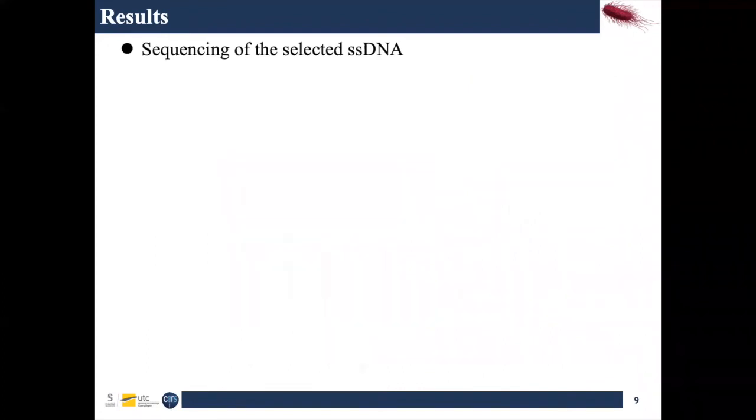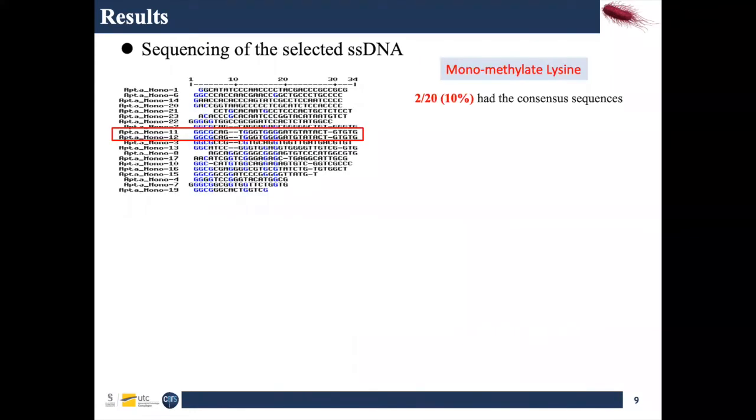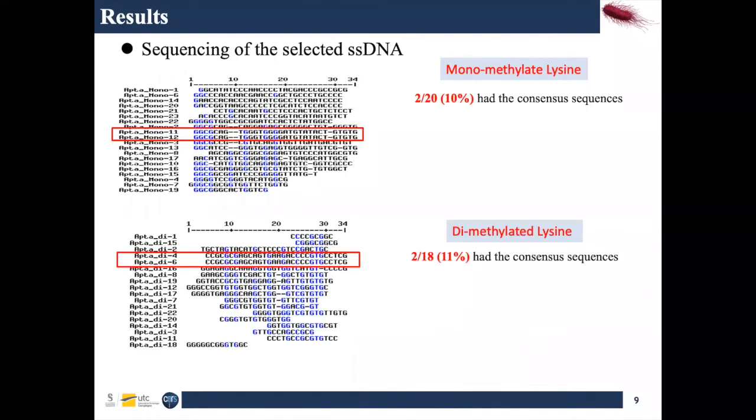And we also got good results for mono- and dimethylation, even though they are not with as high redundancy as trimethylation, but they are also good. We got around 10% redundancy for monomethylation, and for dimethylation, around 11% redundancy.